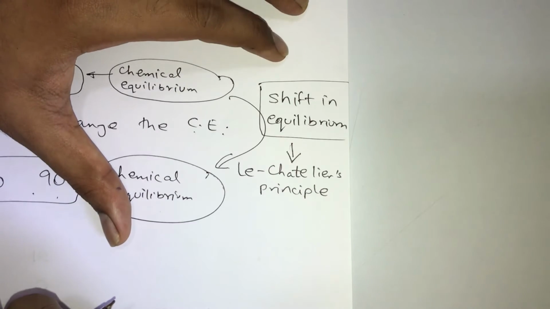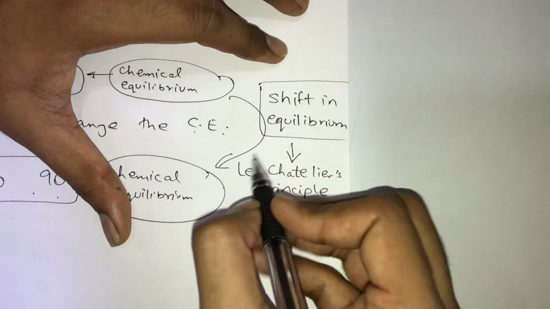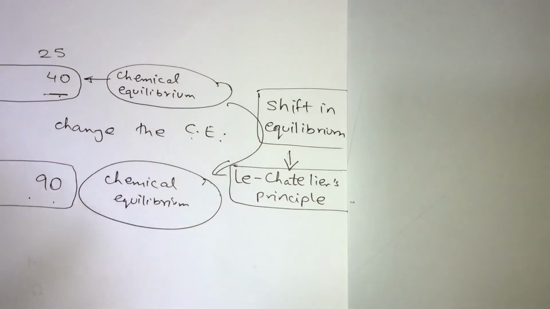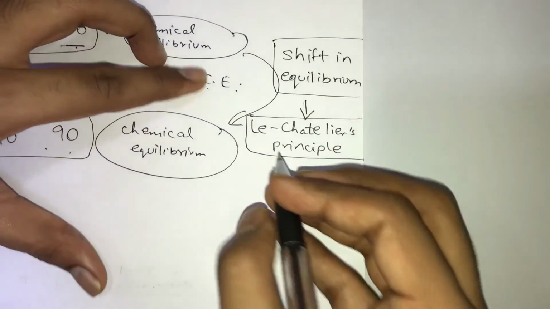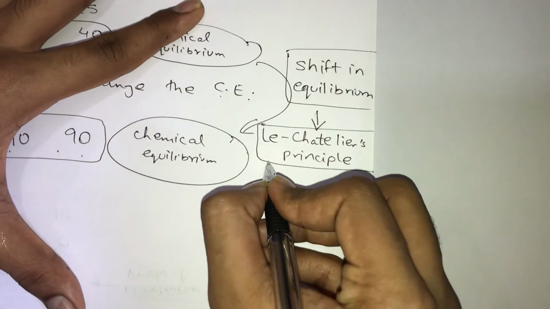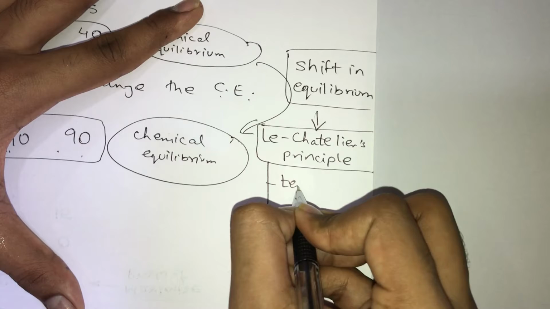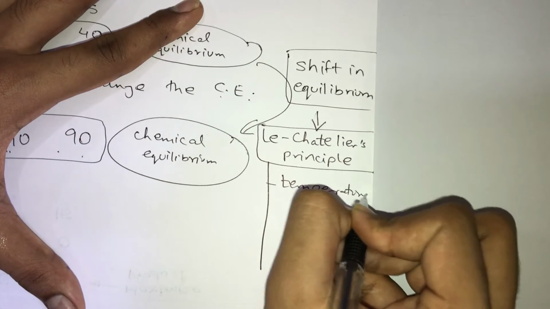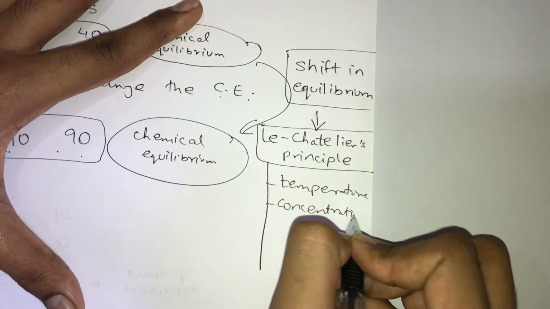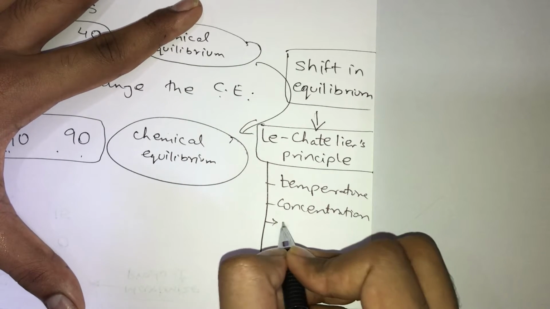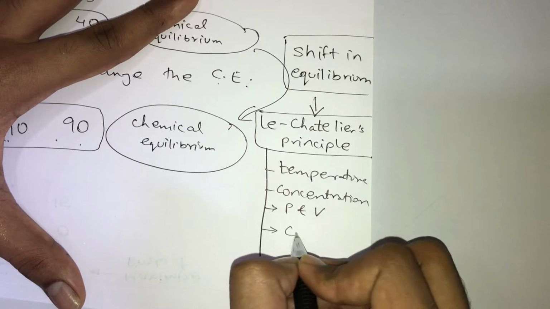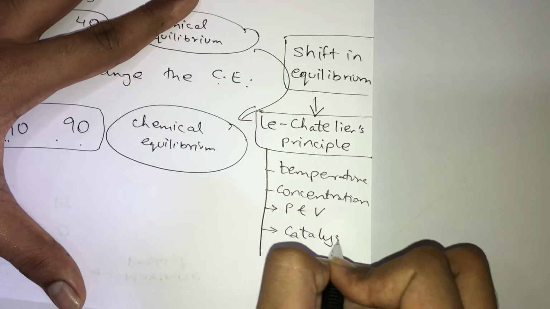So you are going to make use of Le Chatelier's principle, which helps us to understand how the equilibrium is affected when we change the temperature, when we change the concentration, or when you change the pressure and volume, or when you apply a catalyst.